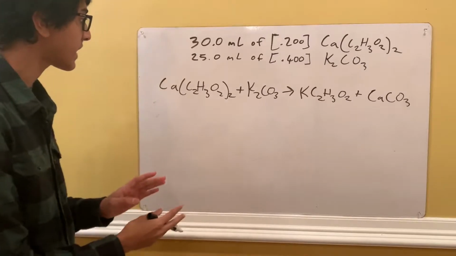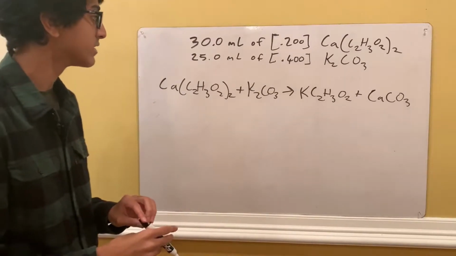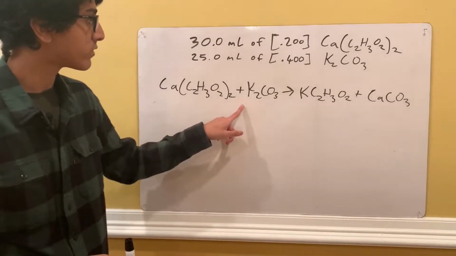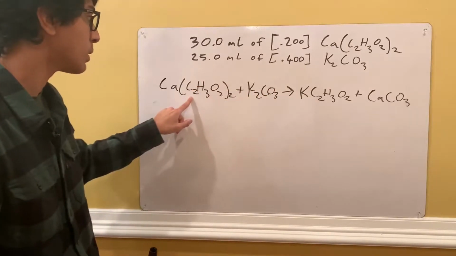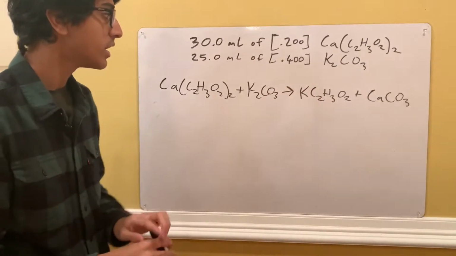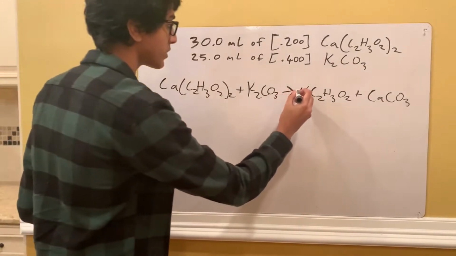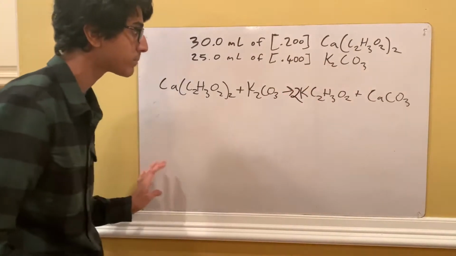Okay, so we have this reaction, but it's still not balanced since we have 2 Ks over here and 1 K over there, and 2 acetates over here and 1 over there. We can easily balance this by putting a 2 over here.